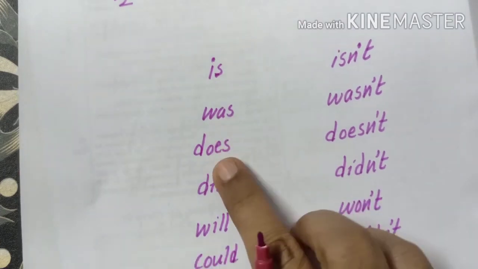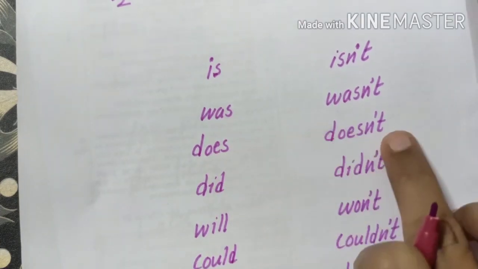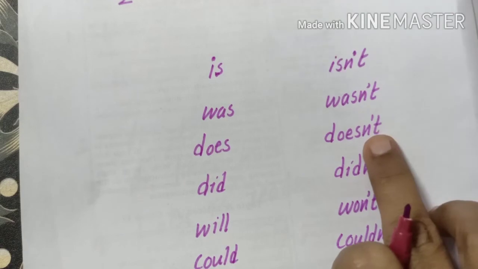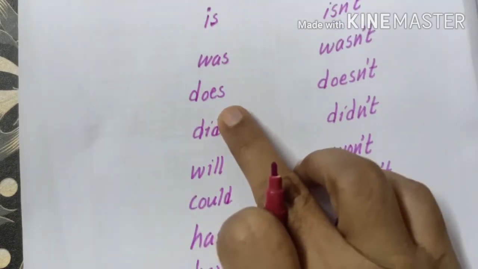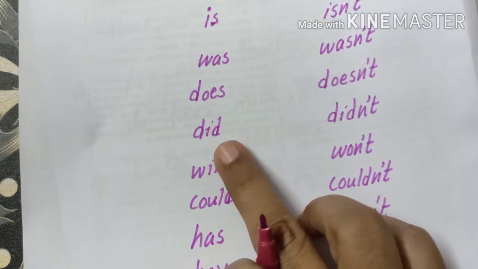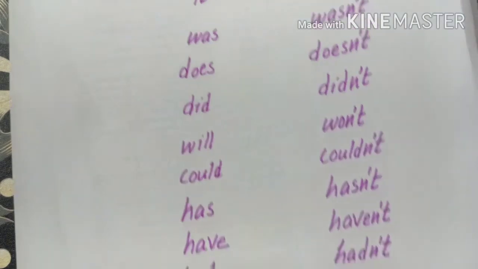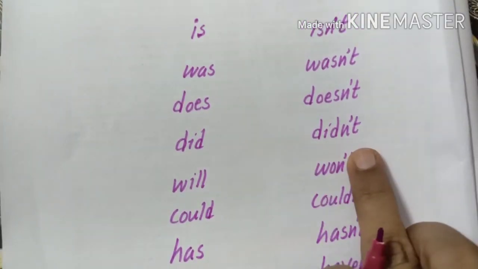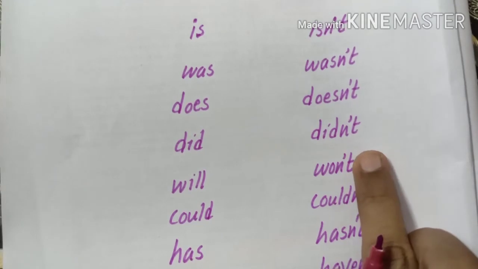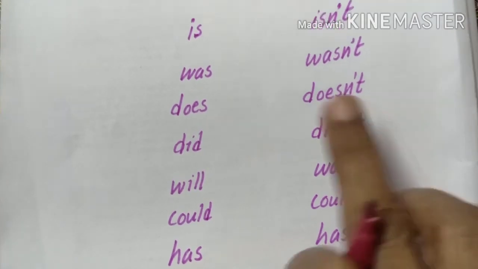Okay. If does is there, use doesn't. If doesn't is there, use does. And in the sentence, if there is did, these all are auxiliary verbs, okay? So, if there is did, use didn't. In the sentence, if there is didn't, use did.